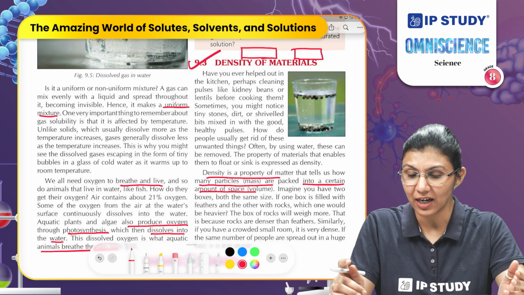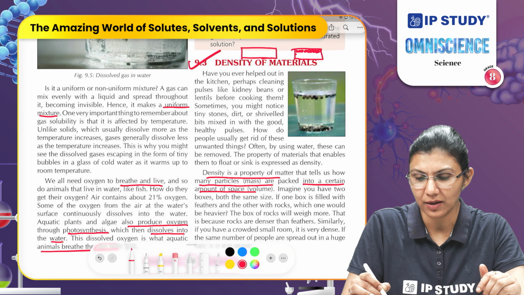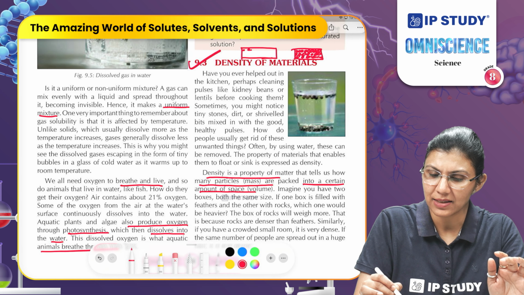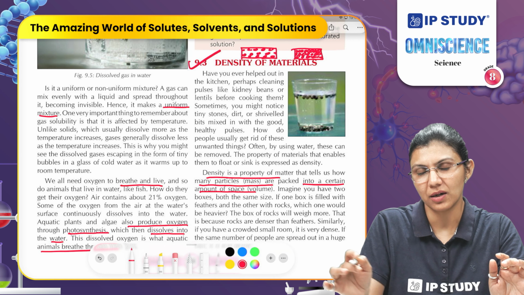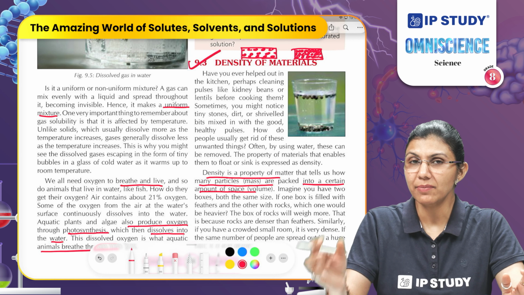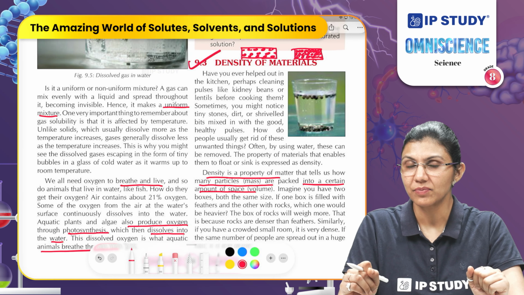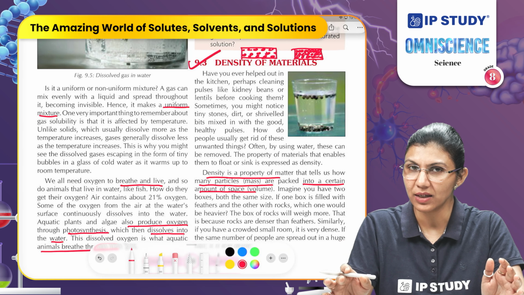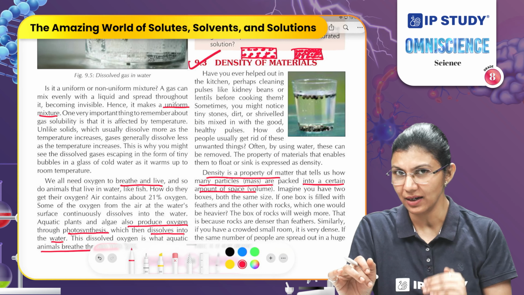So what it is describing is that iron, which settles at the bottom, has more particles packed in the same volume, and the sponge has many gaps between its particles. If you notice the structure of a sponge, you can see many air gaps there. So in the same volume, fewer particles are packed. So this is less dense. It will float on the surface. So here we can say less dense materials float and more dense materials sink.